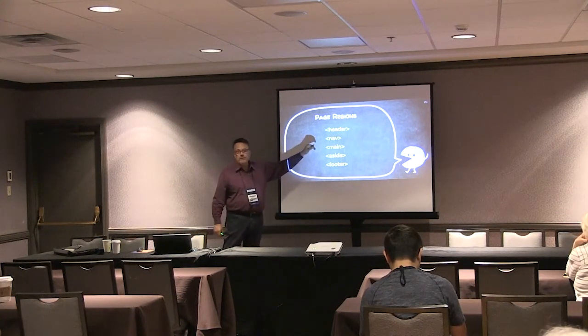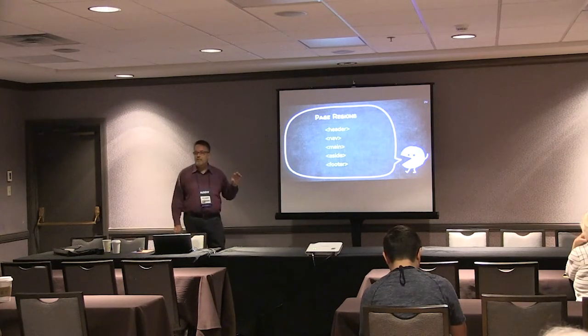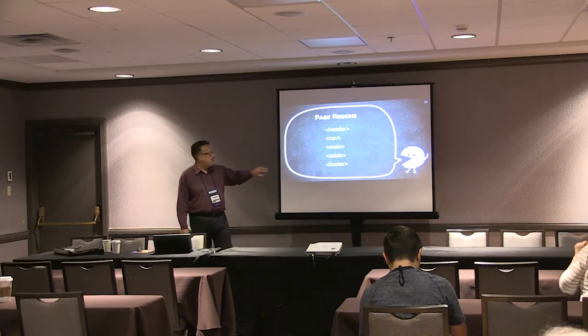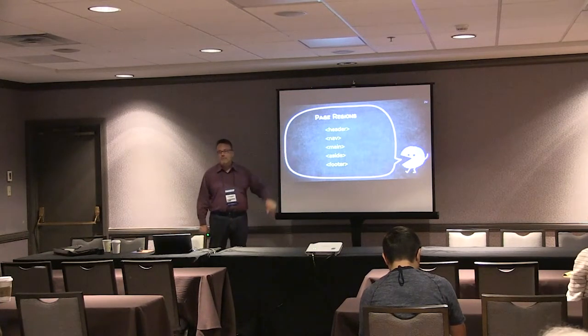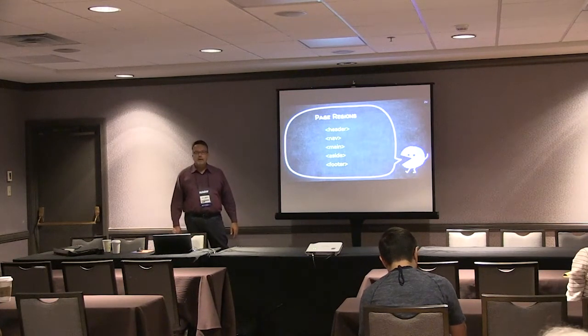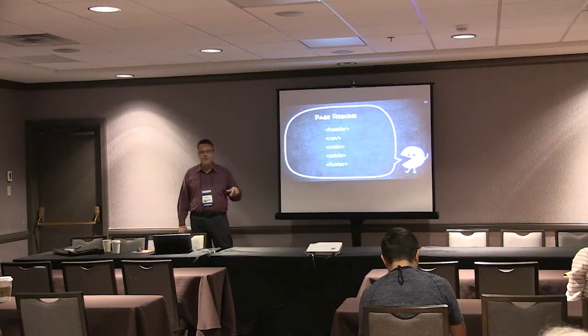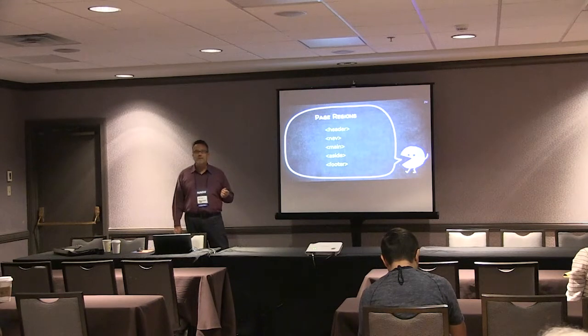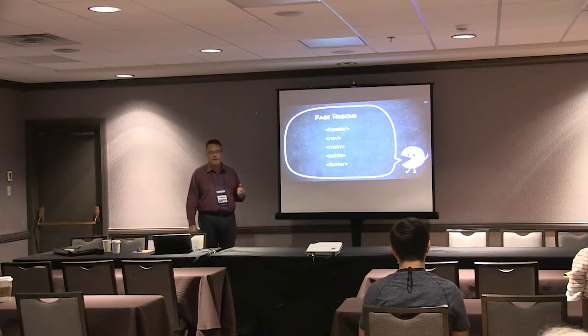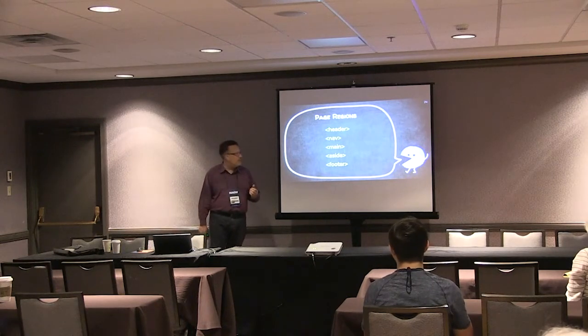The nav region is the main navigation on the page. Sometimes there might be a secondary navigation, but usually just one nav or maybe a couple per page. You don't need a nav region around every link all over the page, or that makes it hard for the screen reader user to find the main navigation, which is probably what they're going to be looking for if they look for a nav region.